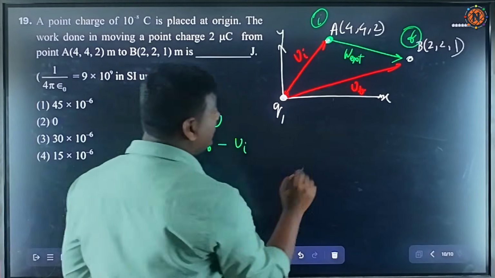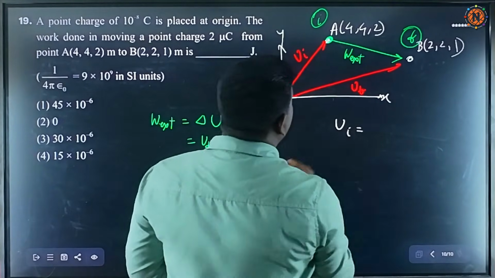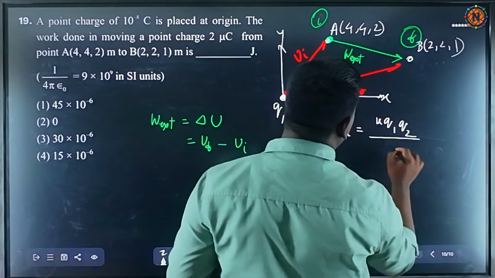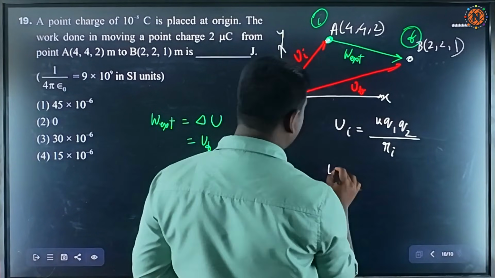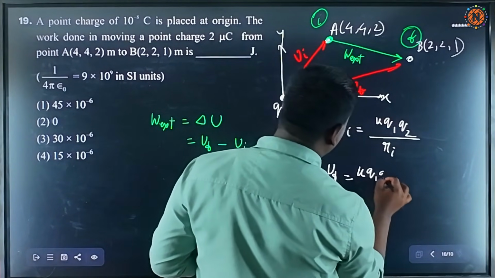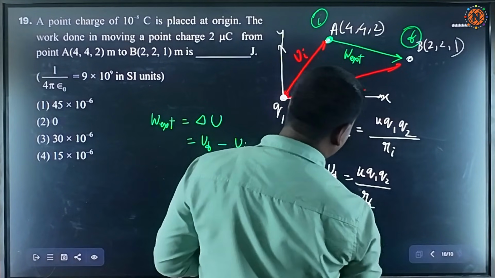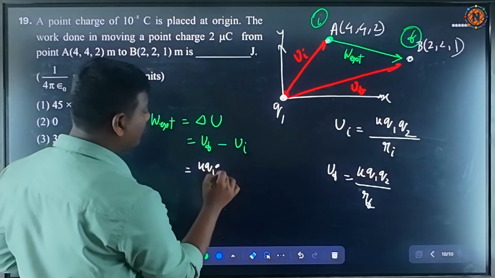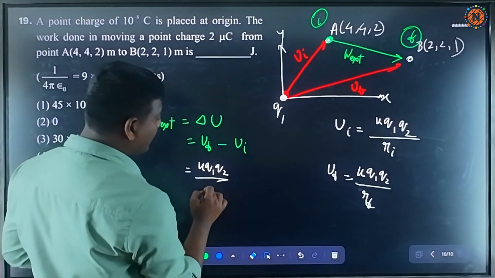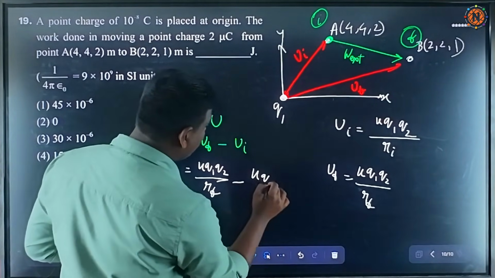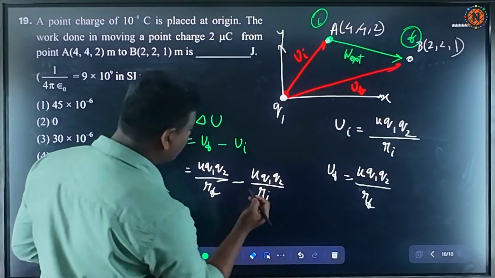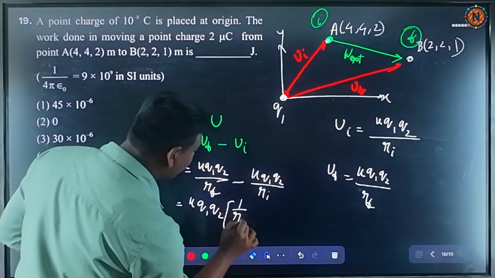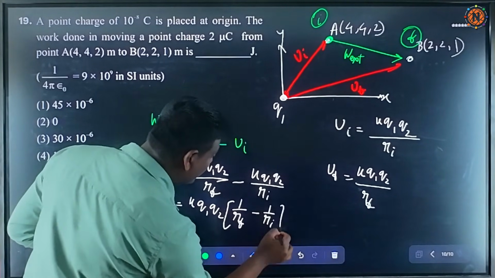Now what is U initial? U initial will be K Q1 Q2 divided by R initial, and U final will be K Q1 Q2 divided by R final. So it will be K Q1 Q2 divided by R final minus K Q1 Q2 divided by R initial. Taking the common terms, K Q1 Q2, that will be 1 by R final minus 1 by R initial.